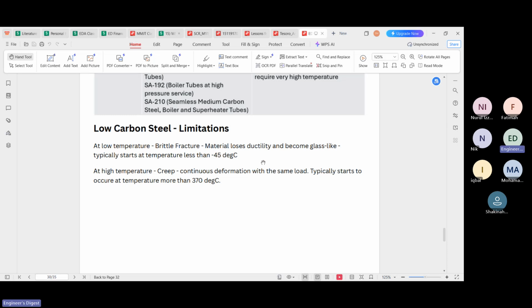Okay, example, if you have seen the movie, apa nama dia? Titanic. During that time, the knowledge of material was not very good. So they used a material that is prone to brittle fracture. When the Titanic sailed at sea at night, the sea is actually very cold.